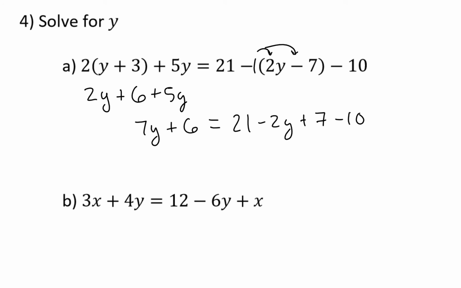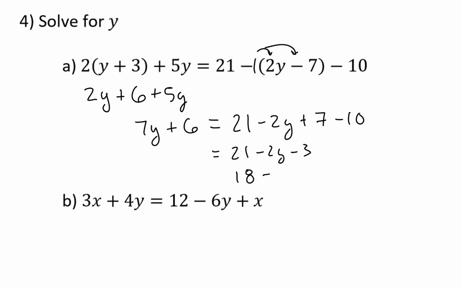I could combine the 7 and -10 and call that -3. So I'll write 21 minus 2y and then minus 3. And if I take away 3, if I collect the 21 and the 3, this is going to become a positive 18.